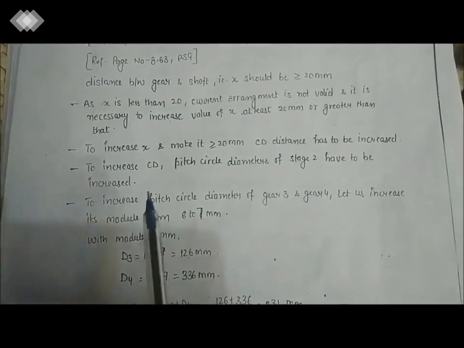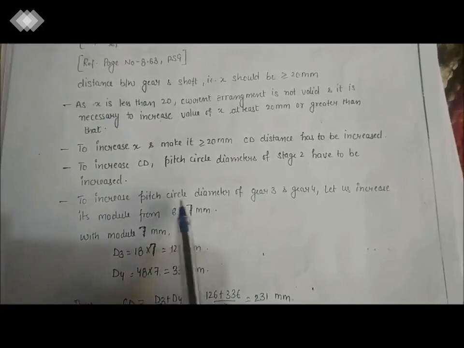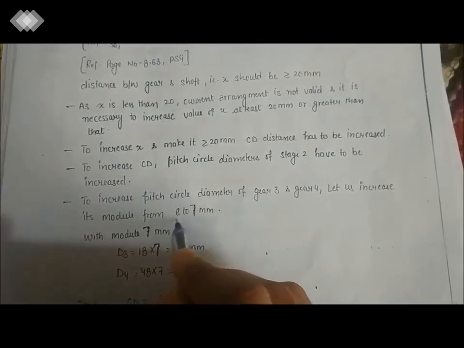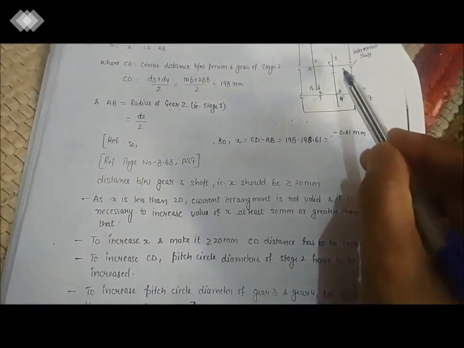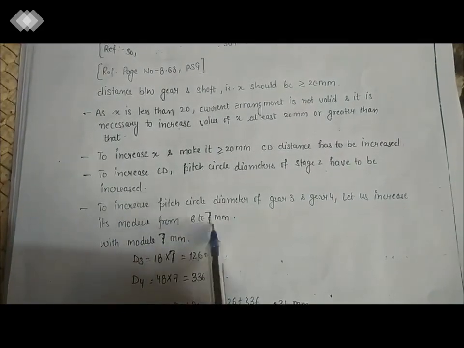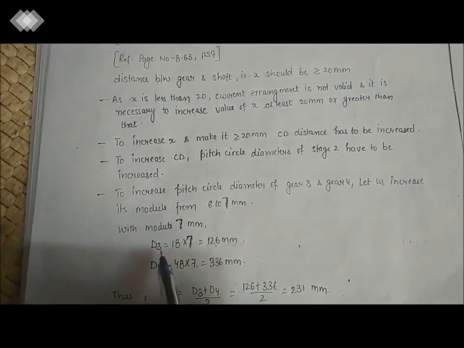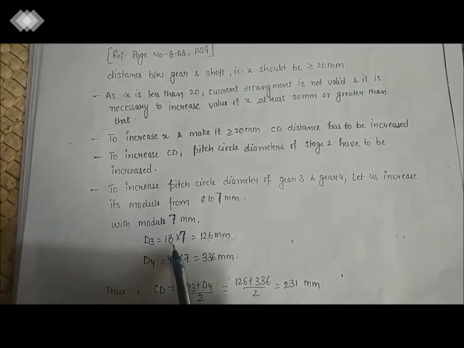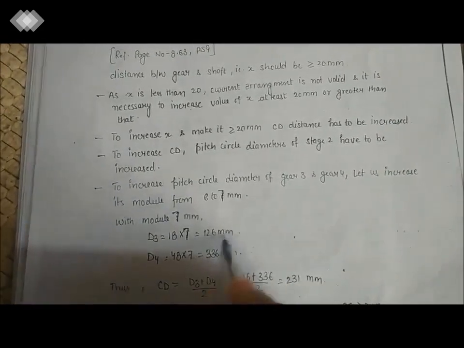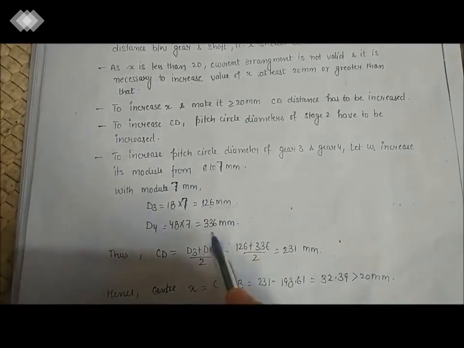So to increase the pitch circle diameters of gear 3 and gear 4, let's increase the module. First we had module 6 for this second gear pair. Now we are increasing that module from 6 to 7. D3 is number of teeth into module, D4 is number of teeth into module, so we'll get the values of D3 and D4.